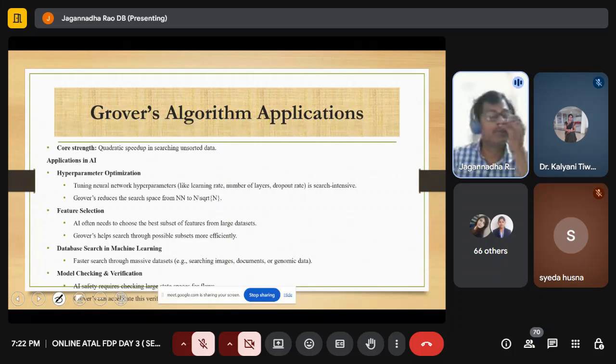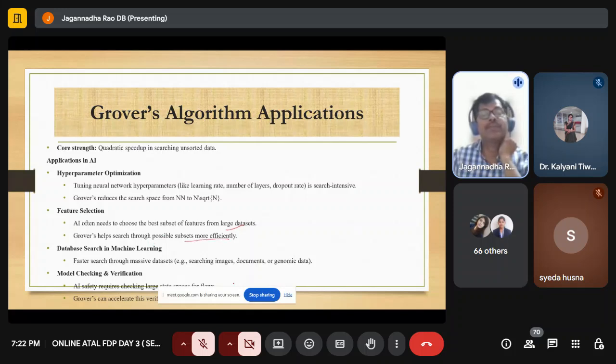Grover reduces the search space from n to square root of n. Feature selection: AI often needs to choose the best subset of features from large data sets. Grover helps search the possible subsets more efficiently.